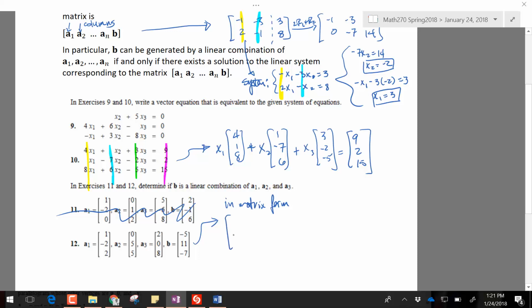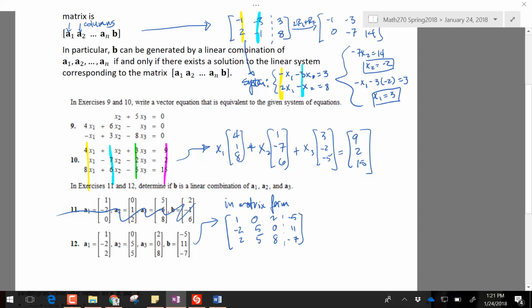And again, the relationship between the system of linear equations, the vector equation, and the matrix is just looking at each of these vectors as columns of the matrix. So let's do that. 1, -2, 2, 0, 5, 5, 2, 0, 8, and then your augmented part is -5, 11, -7.